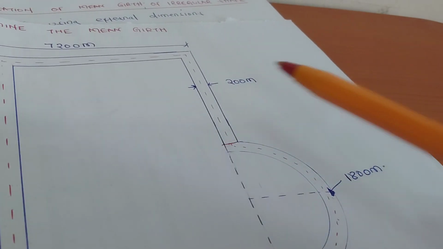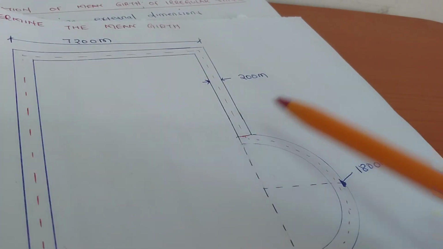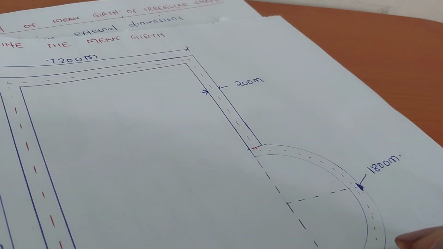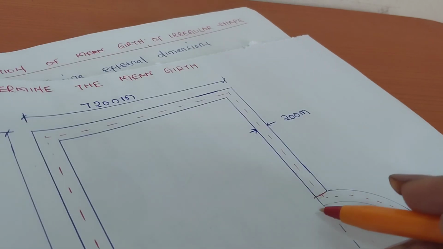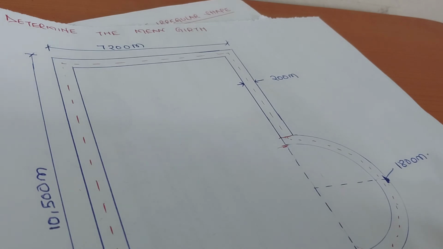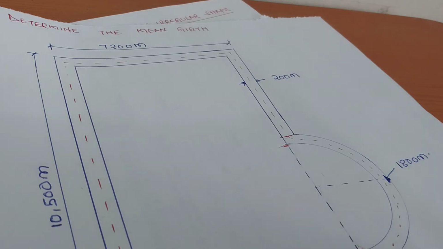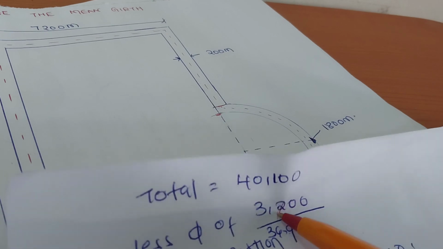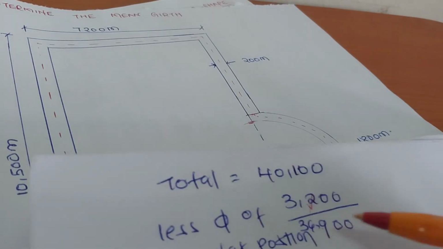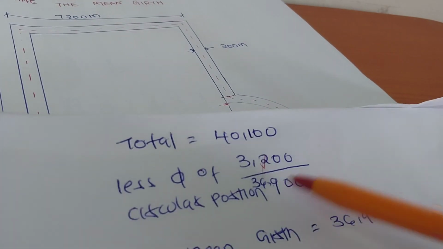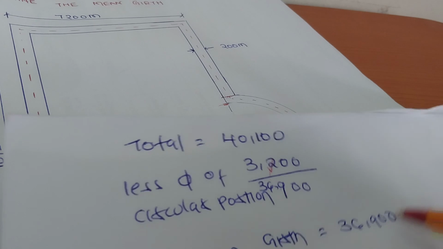So we are going to less the thickness of this wall and the thickness of this wall, so that we are able to find the dimension from this part up to this part. So we are going to less that 3600, we subtract the 400, which gives us 3200. Now our total was 40,100. Now we less the 3200, and then we get the 36,900. Now that is the mean girth. So the mean girth of that plan now is 36,900.